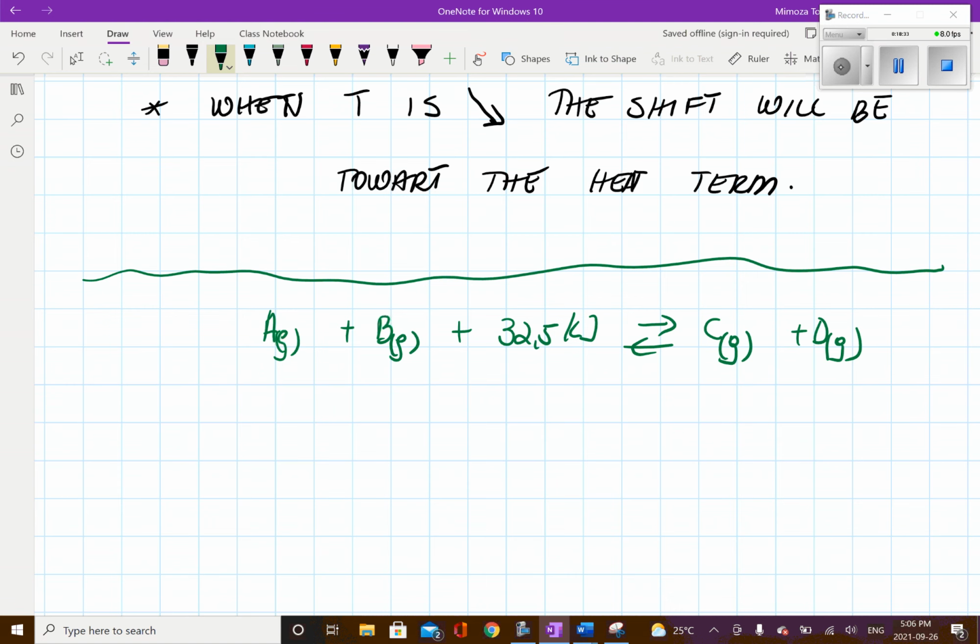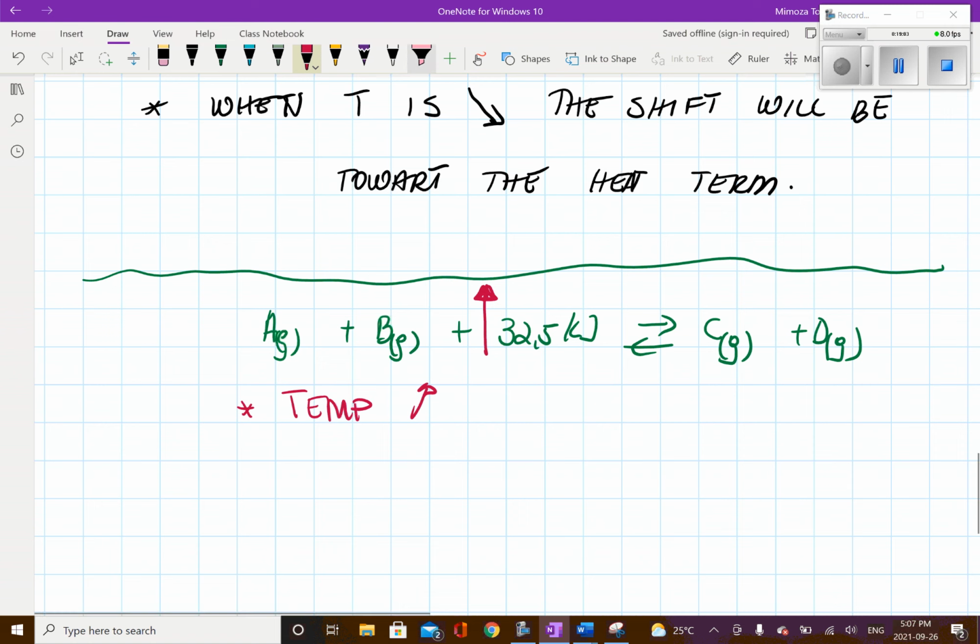Okay, so now if we use the color coding here, if the heat or the temperature is increased, this is an endothermic reaction, and the heat is on the left side of the reaction.